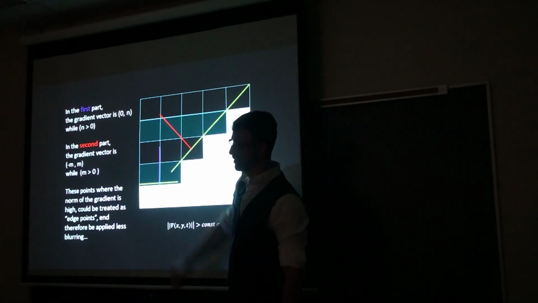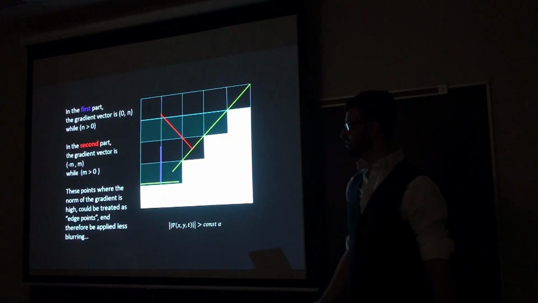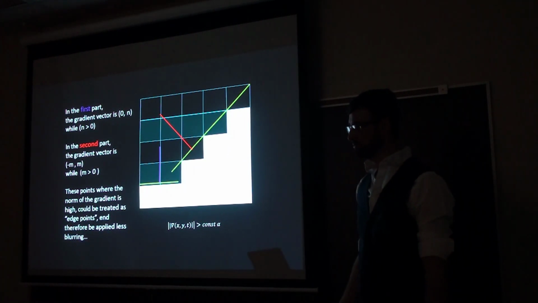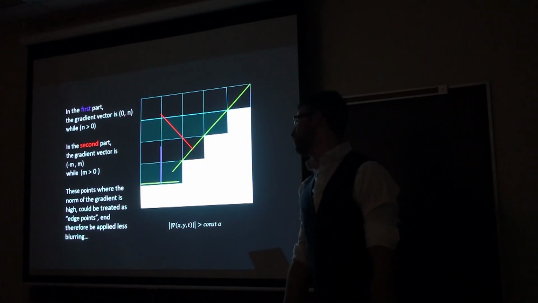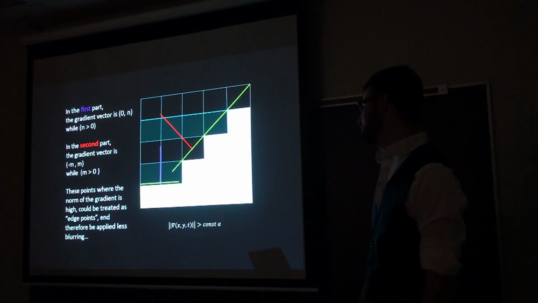That basically tells us where an edge is located. Points where the norm of the gradient is high could be treated as edge points and therefore be applied less blurring.